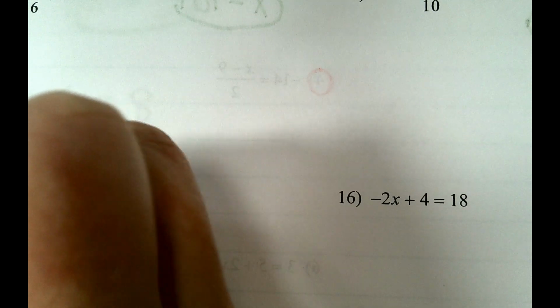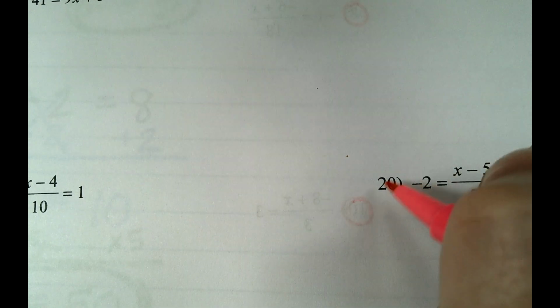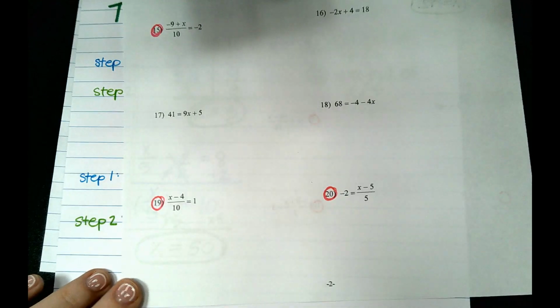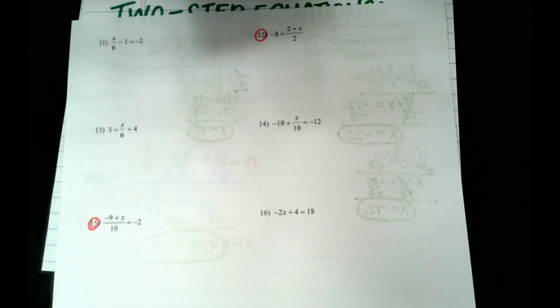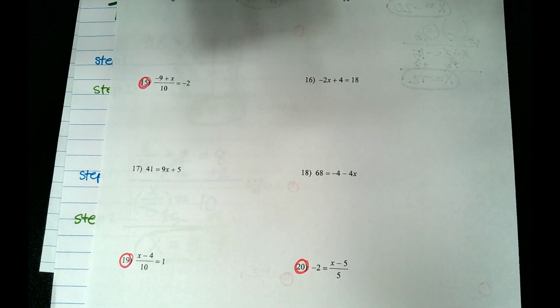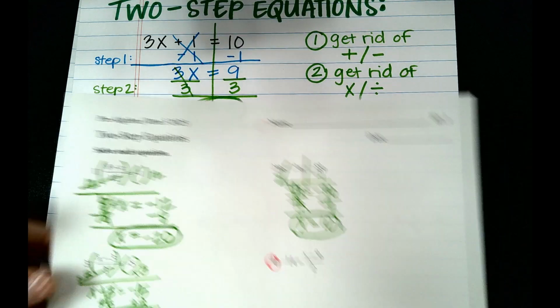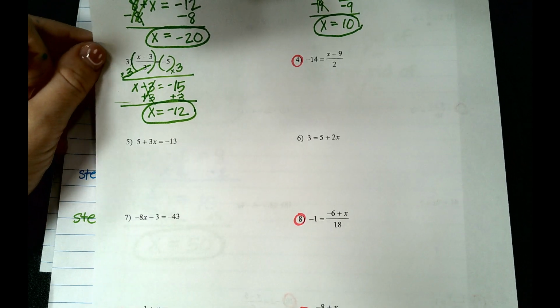Number 15. Number 19 and 20. So on the back side, it's number 12, 15, 19, and 20. And on the front, we have number 4, 8, 9, and 10.